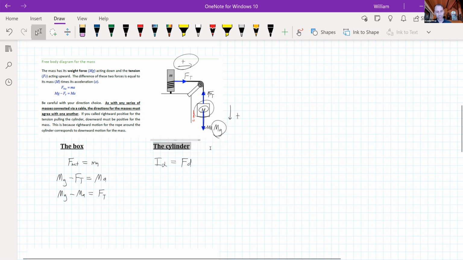Now, when you've done Atwood's machines in the past, you might be more used to making one equation for one mass, one equation for the other mass, and then plugging one into the other and solving, right? This is not quite the same. This is the trick. The AP Physics exam in particular is very good about creating a problem that spans different chapters, right?